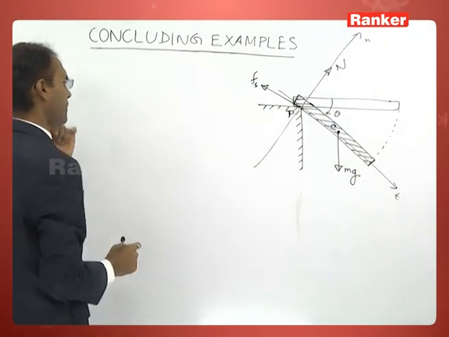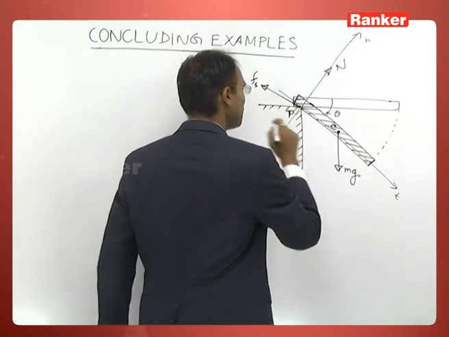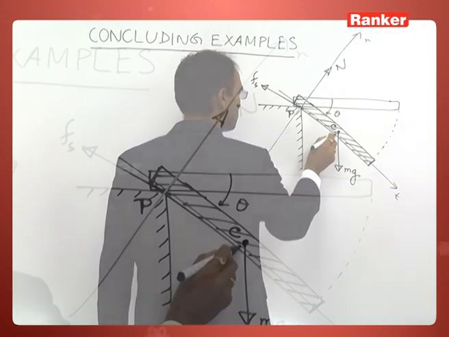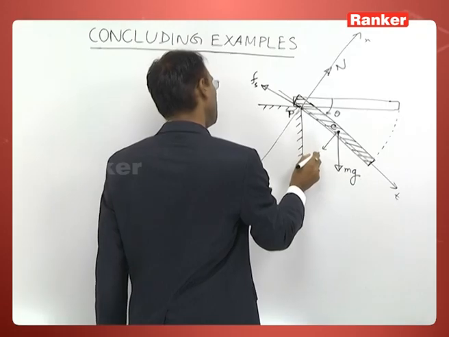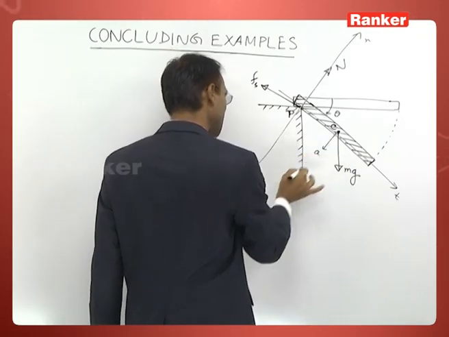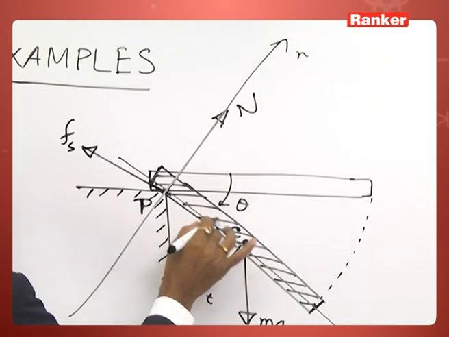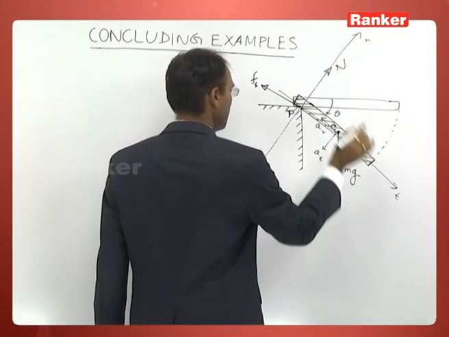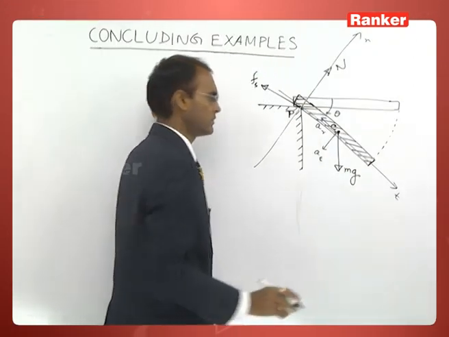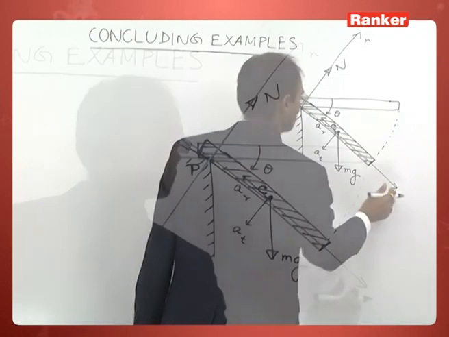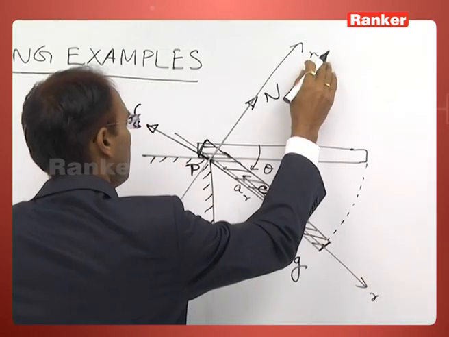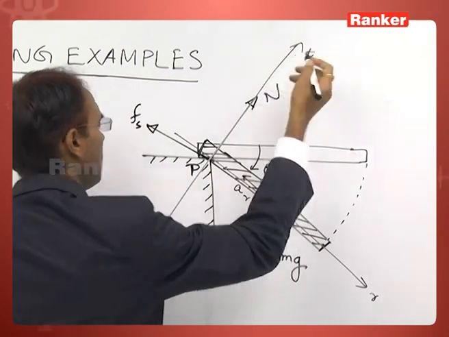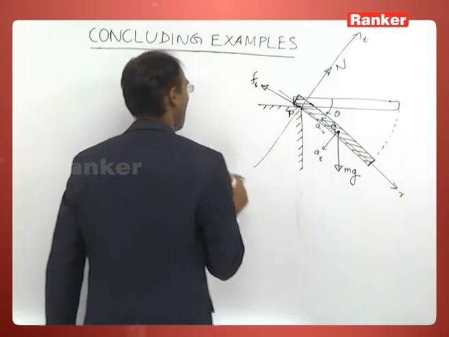Let us write the equation. But before that, let us mention the acceleration, the tangential acceleration, and this is the radial acceleration. This is the r axis, or you can call it the t axis. Let us write the equation now.